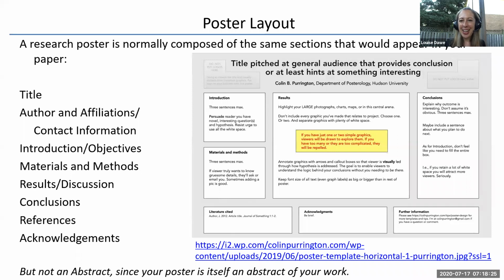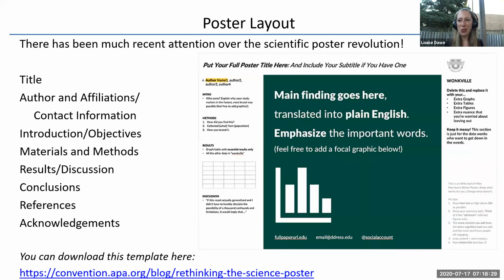But in the last 2 years, there's been a big poster revolution in science, inspired by how can we do a better job of communicating our results to people that are not experts in our own subfield. And so you'll note that this revolution in style still has the same components.